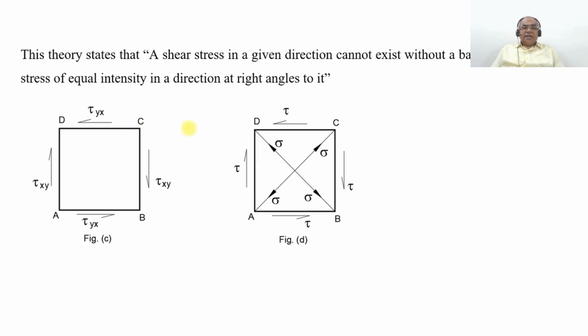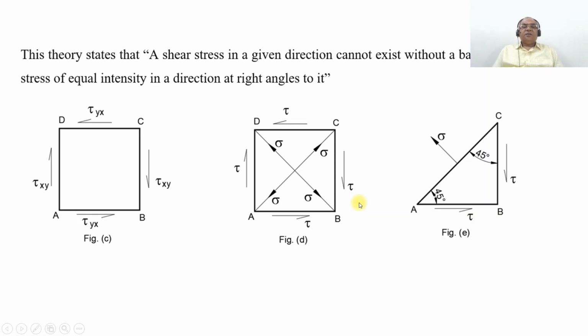So when you have a plane of a square section ABCD, tau is acting in this direction and the complementary tau is in this direction. Similarly, both will have this. The complementary shear, that will be sigma, will be acting in this direction.